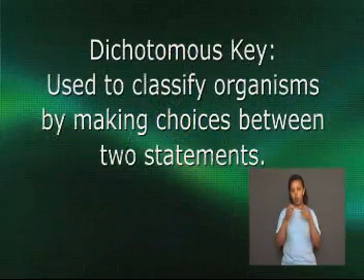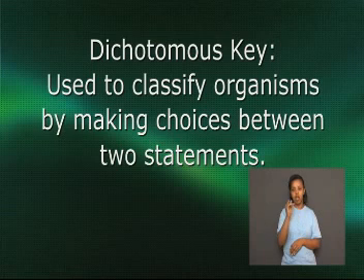Biologists have developed a special method known as a biological key or identification key that makes it simple for us to classify organisms. A dichotomous key is a type of key based on making choices between two statements or alternatives.